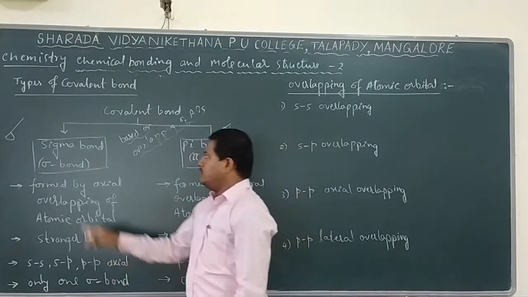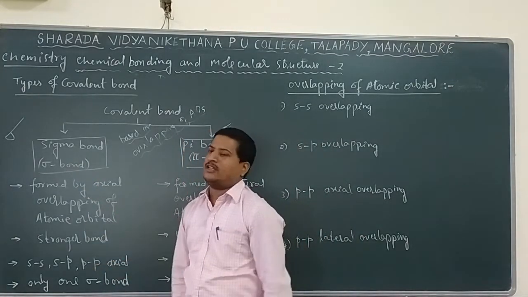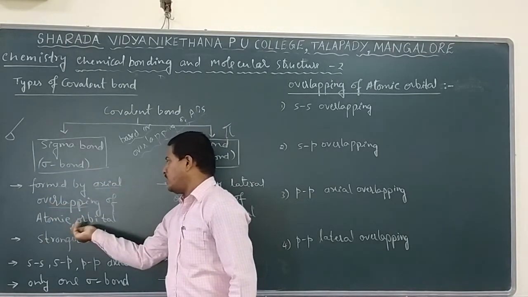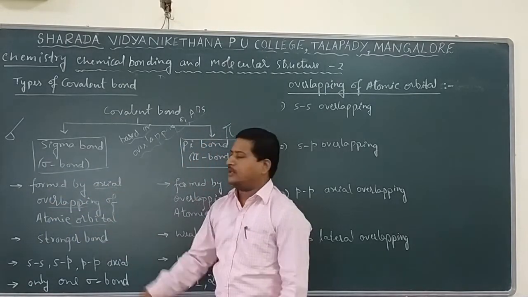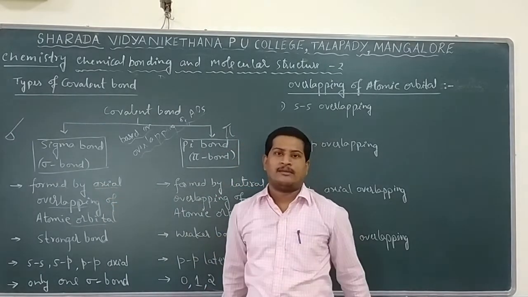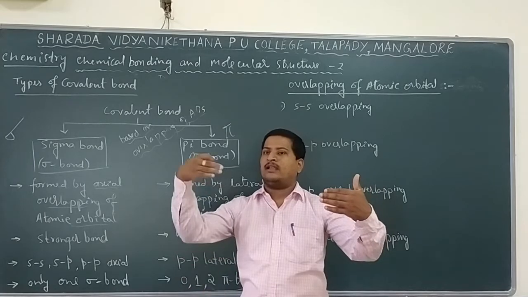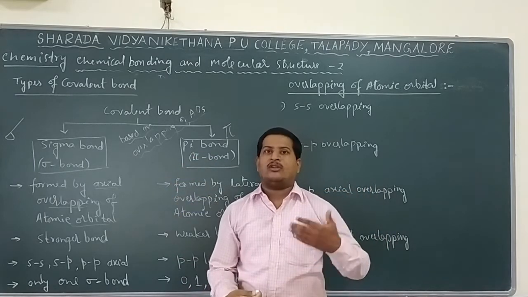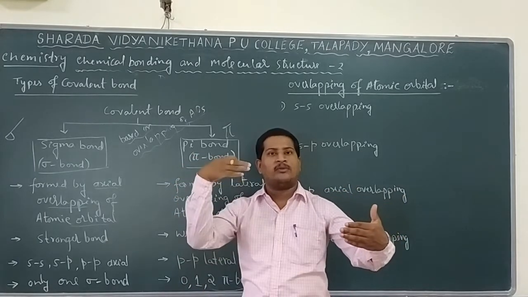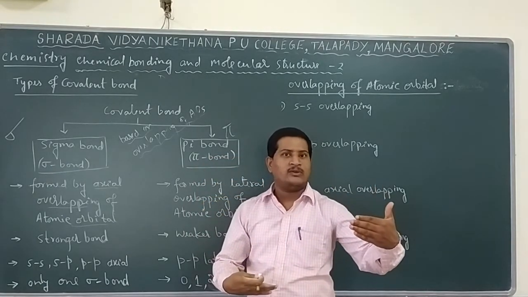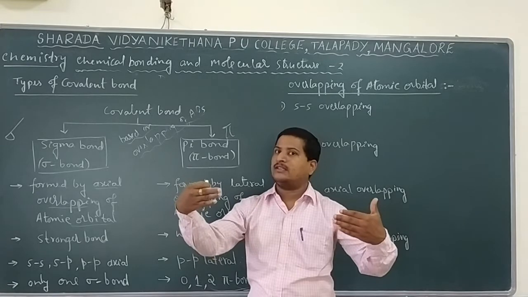Okay. And in case of the sigma bond, how is it generated? It is formed by actual axial overlap of atomic orbitals, axis to axis overlap: an orbital along the x-axis overlaps with another orbital along the x-axis, an orbital along the y-axis overlaps with another orbital along the y-axis, an orbital along the z-axis overlaps with another orbital along the z-axis.